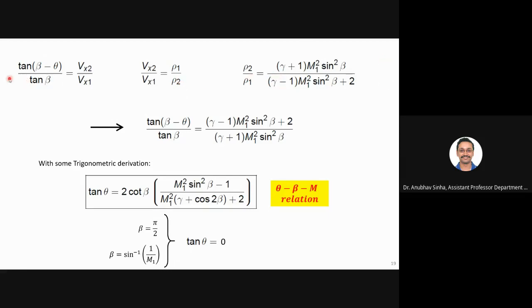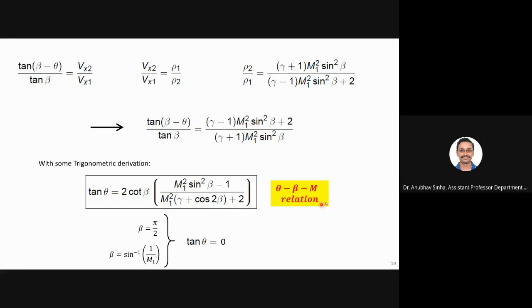So I can relate this tan term to this term. This is what we have here. Now, if you do some further trigonometry, you can show that tan theta is equal to 2 cot beta into this term, which consists of Mach number and beta terms, cos beta and cos 2 beta.